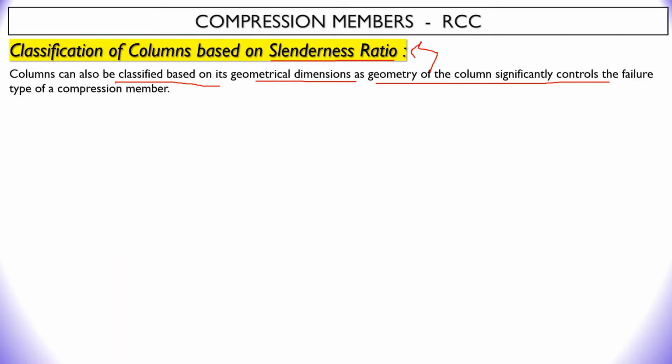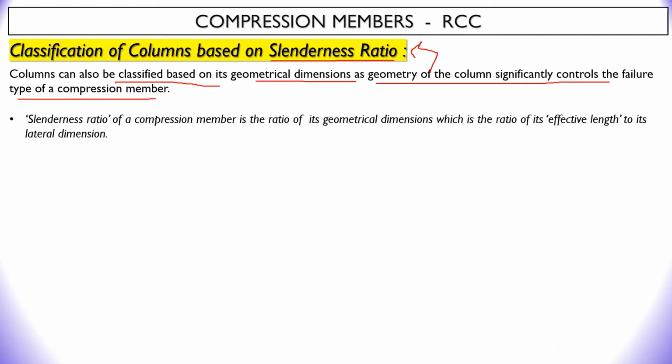The geometry of the column significantly controls the failure type of the compression member. Now how is it? Let us first define slenderness ratio. The slenderness ratio of a compression member is the ratio of its effective length to its lateral dimension.